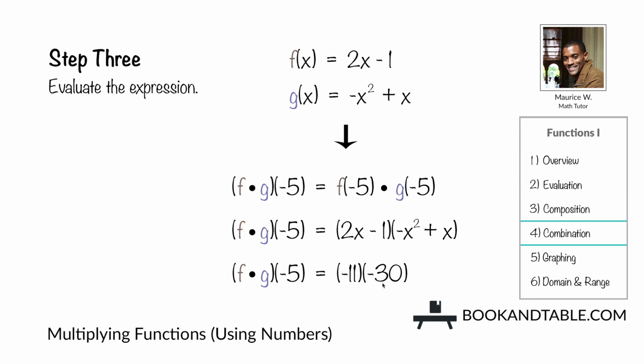And negative 11 times negative 30 is equal to positive 330. So f times g of negative 5 is equal to 330. And that is how you would go about multiplying functions using expressions and numbers.